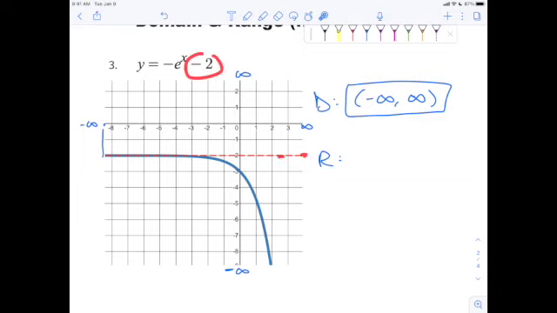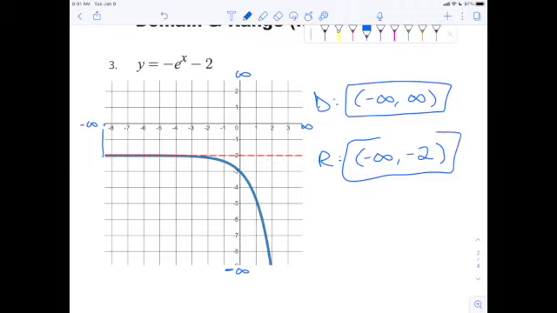And that's what this dashed line is trying to show you, that there's that boundary. So our range goes from -infinity to -2, but since we don't actually get to -2 because of that horizontal asymptote, it is -2 exclusive, so with a parenthesis around it. Okay.